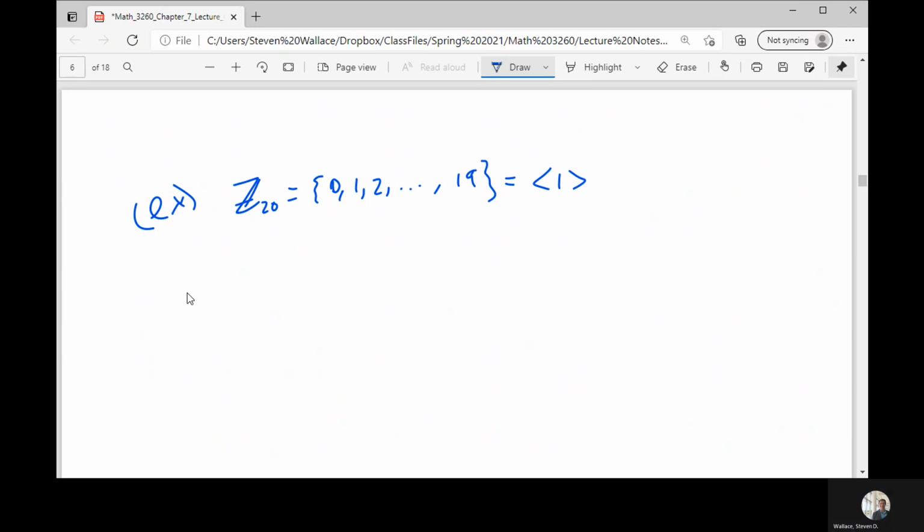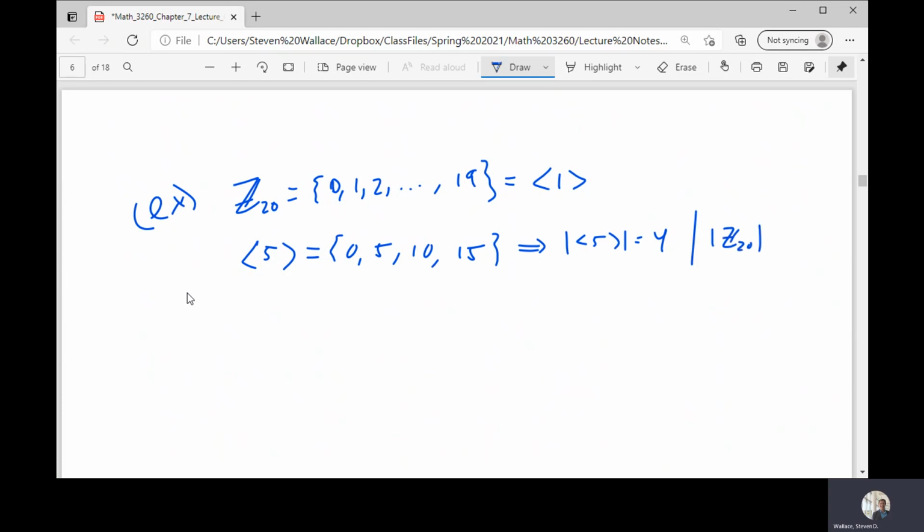So let's say the subgroup generated by 5 would be 0, 5, 10, 15, right? The order of that is 4. That's a divisor of the order of the group, which is 20, right?